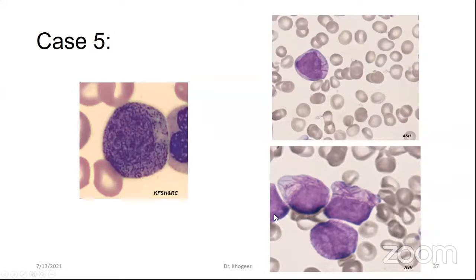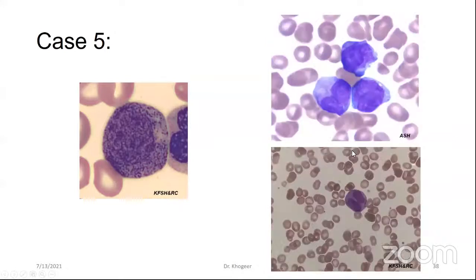But the abnormal promyelocyte differs from the normal promyelocyte in several aspects. The abnormal promyelocyte nucleus is usually folded or bilobed, like here. This is another picture of bilobed cells.